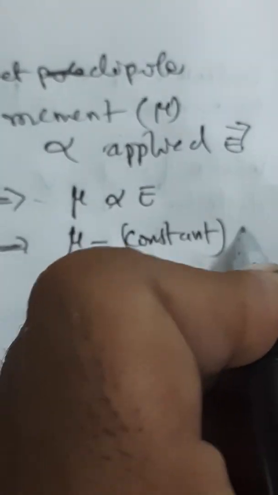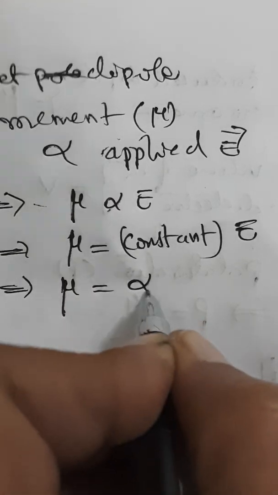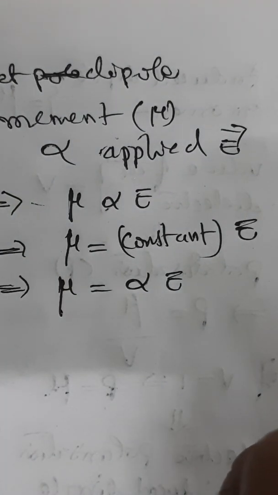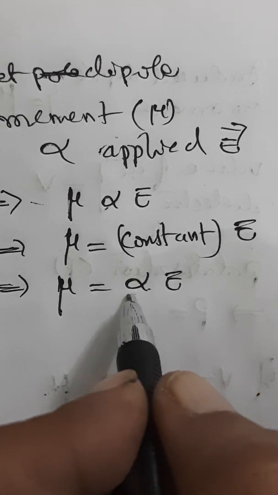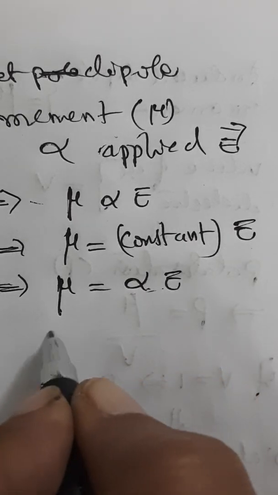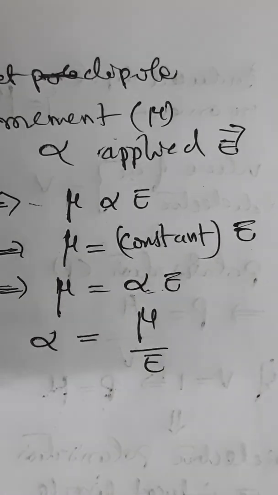That means mu is proportional to E. That is, mu is equal to a proportionality constant into E. Now this constant is nothing but alpha. The proportionality constant alpha is what is known as dielectric polarizability. Therefore, dielectric polarizability can be calculated as mu by E. It's a ratio.